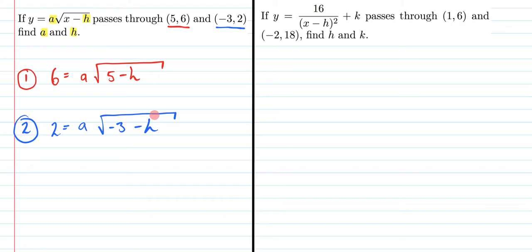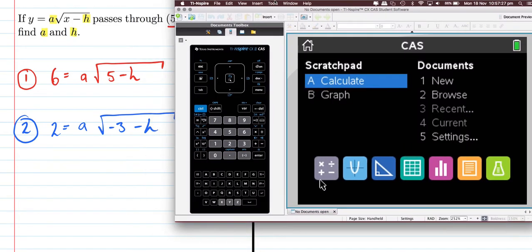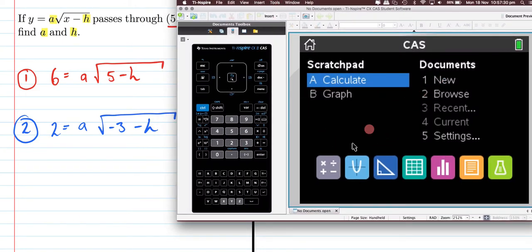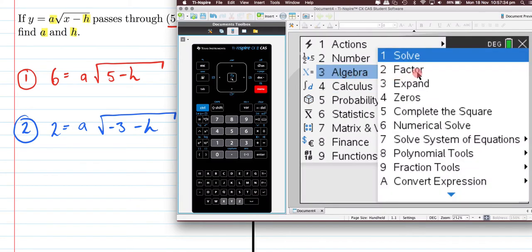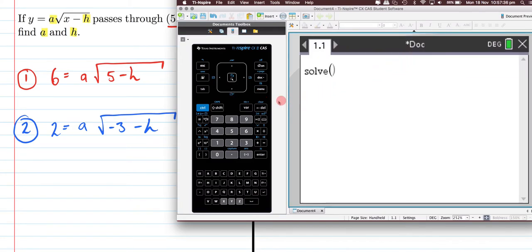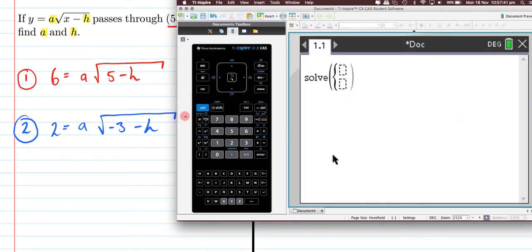Now I have two equations. I come and get my CAS calculator, which is over here. I open up a new document, I go menu, I go algebra, I go solve, I come here, I want this one, and then I put in my values.